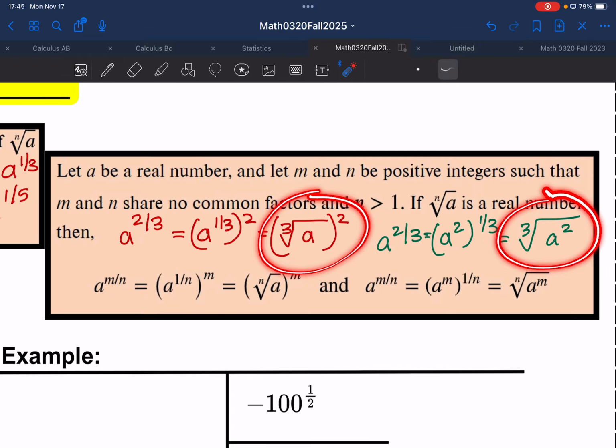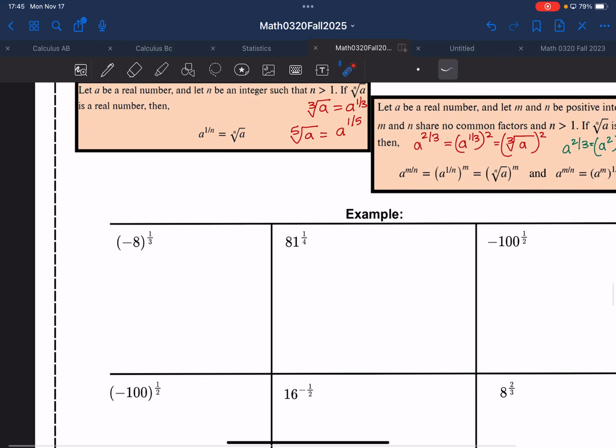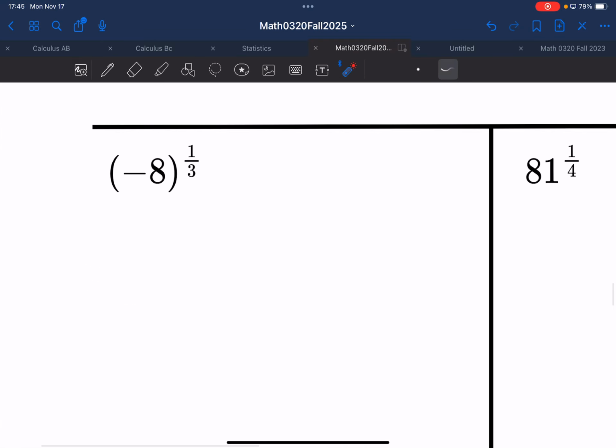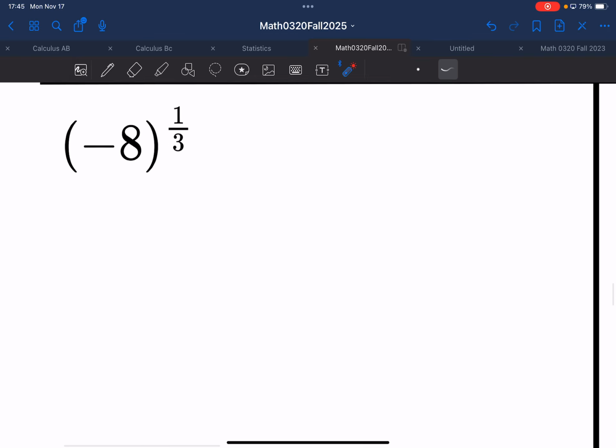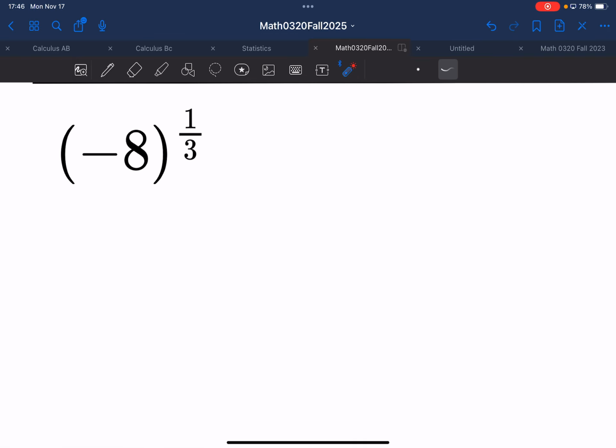We're going to practice all of that in the examples below. Notice the first couple of examples all have 1 in the numerator, which means we don't have any exponent to raise the whole thing to. We're only dealing with the nth root.